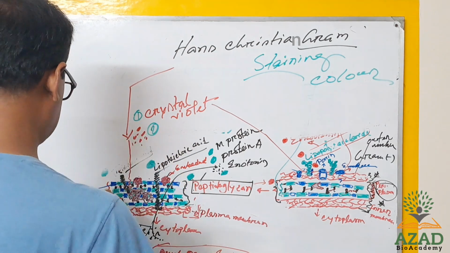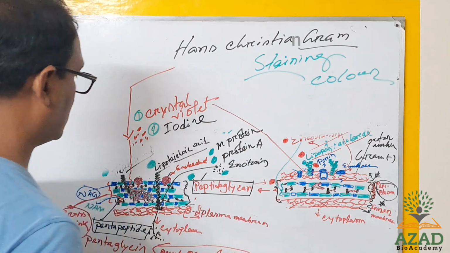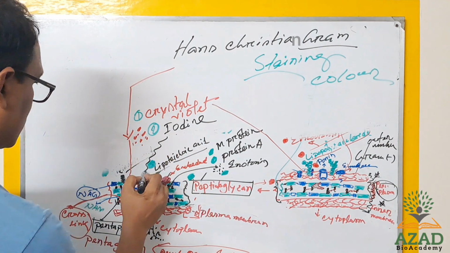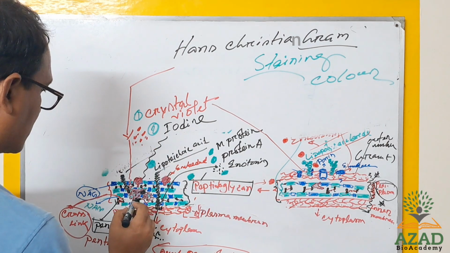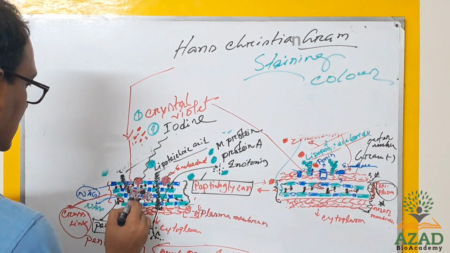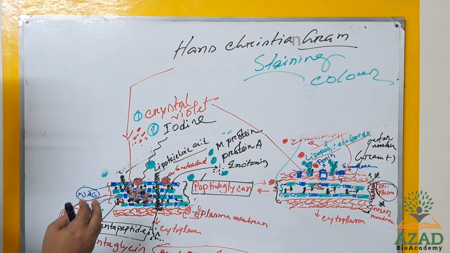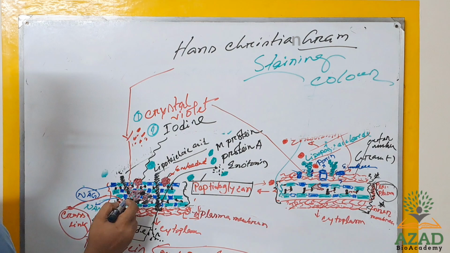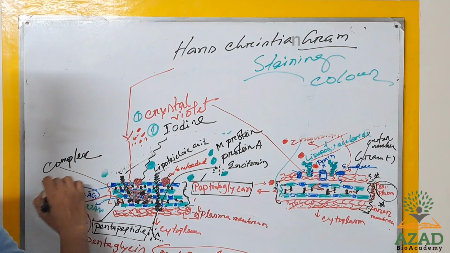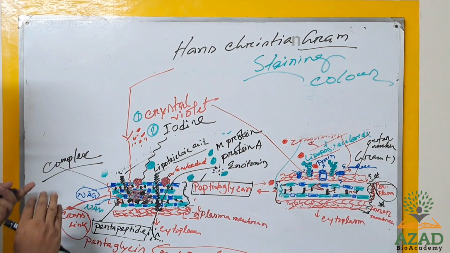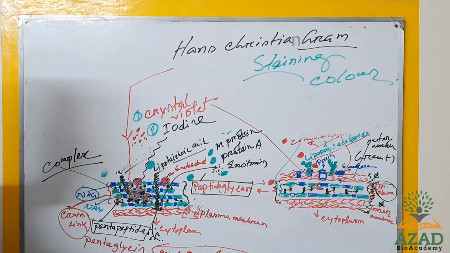Okay. Next, we will add another thing, that is iodine. When iodine is incorporated, it easily goes into the peptidoglycan and binds with the crystal violet. So crystal violet and iodine will make a complex, and the complex formation will happen within the peptidoglycan of the gram-positive bacteria.